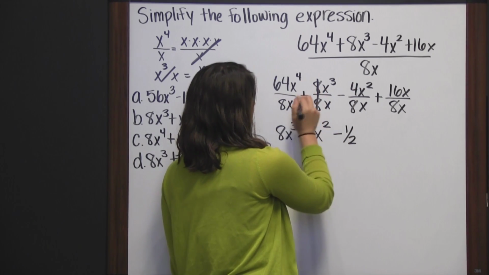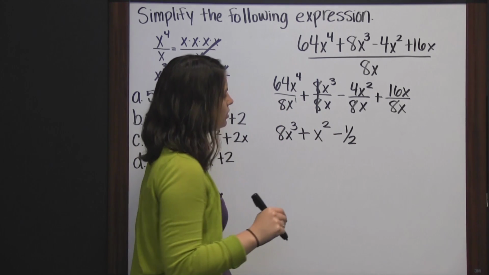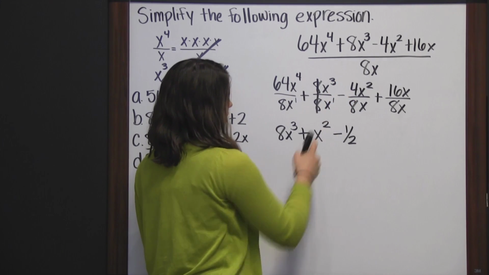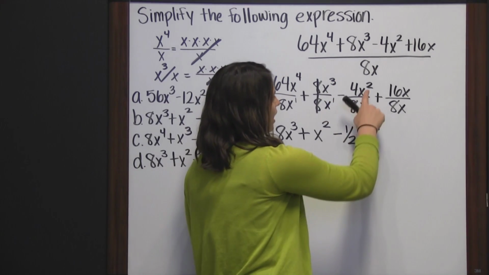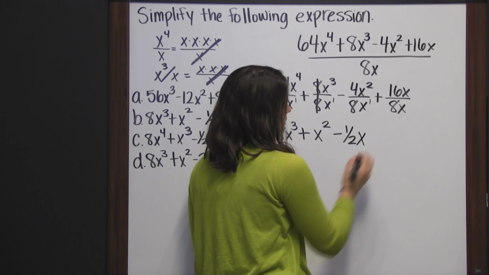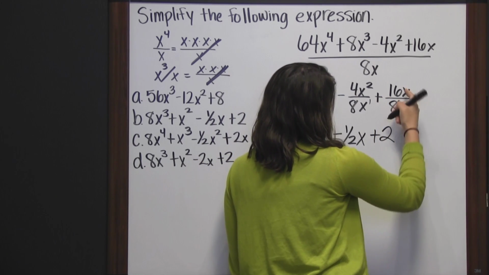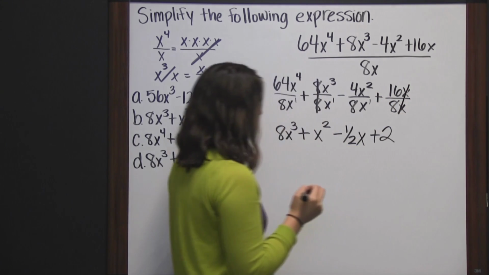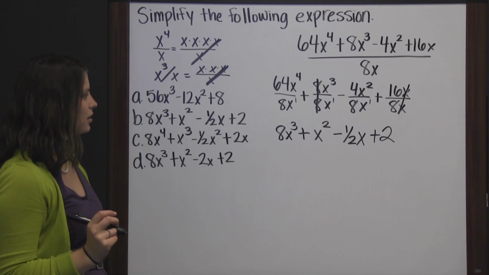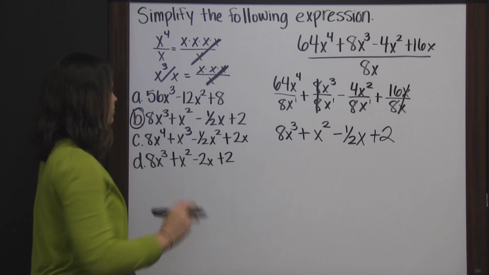So x to the fourth divided by x, or x to the 4 minus 1, is x cubed. So here we have x to the 3 minus 1, x squared. So now we have x squared minus 1, or just x, plus 16 divided by 8 is 2, and x divided by x is 1. So our answer is 8x cubed plus x squared minus 1/2 x plus 2, which is answer B.